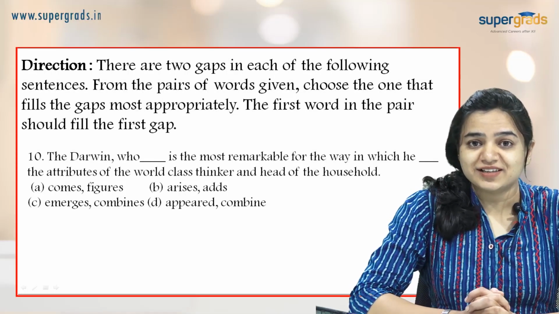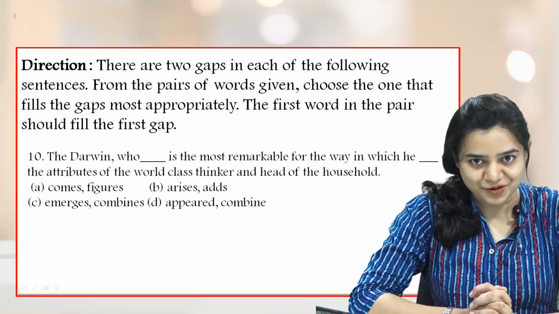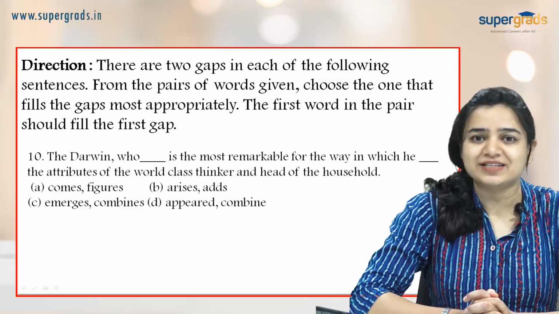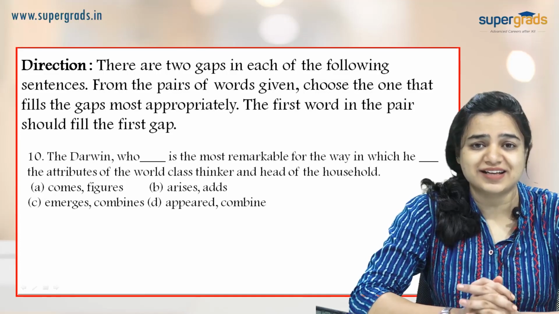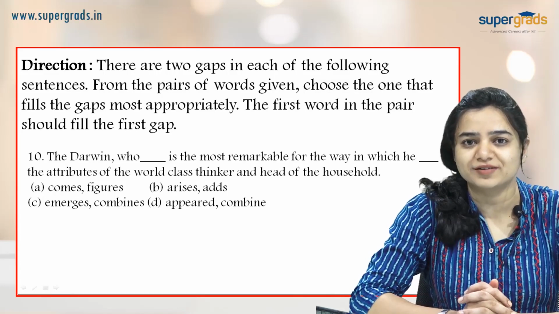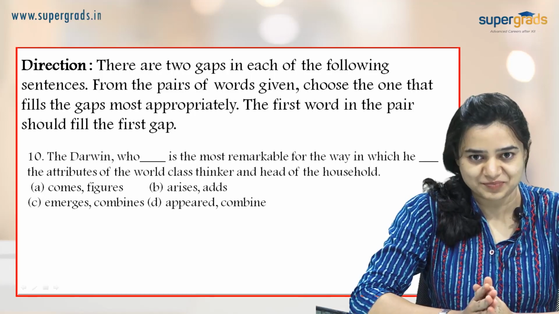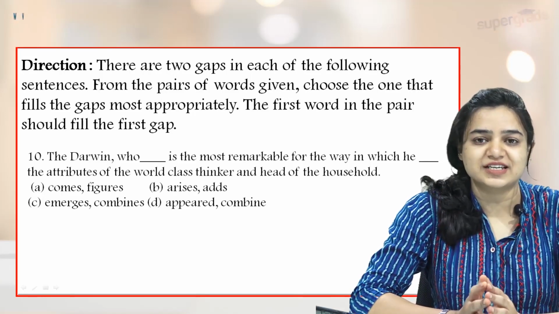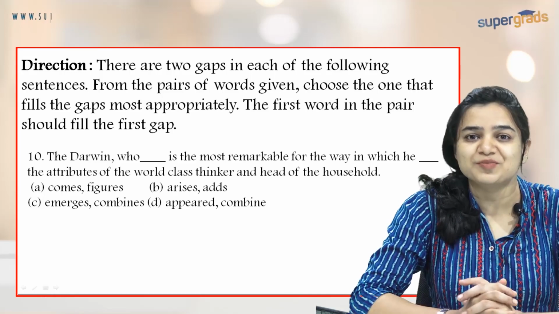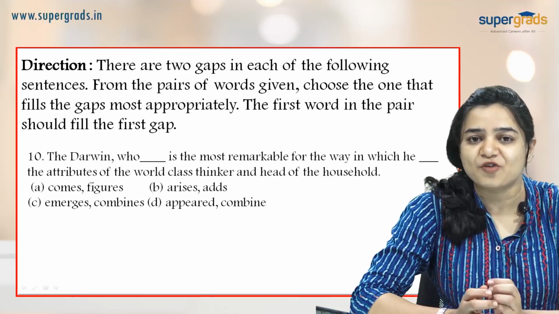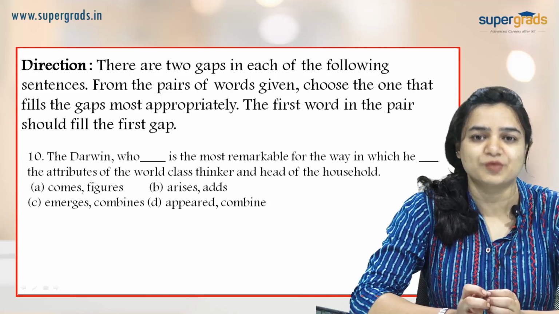So guys, these are the 10 questions that we set out to solve. You did a good job by completing these. Now to sum it up, I must tell you that there are certain skills which are required to handle a sentence completion question effectively. Of course, the first is a lot of practice, because the more you solve, you will get the hang of how the questions are asked and what exactly is the examiner looking for.